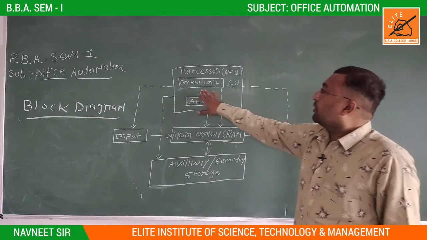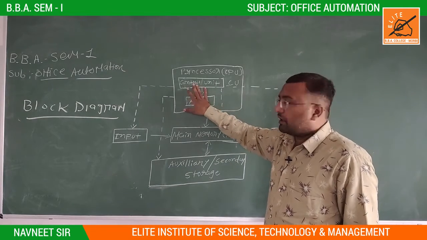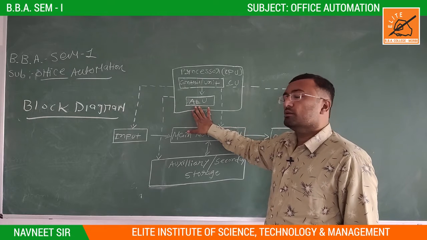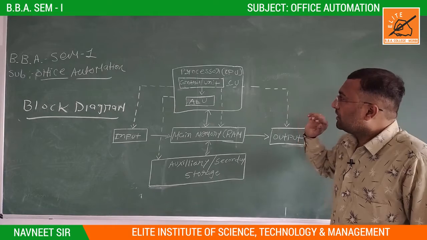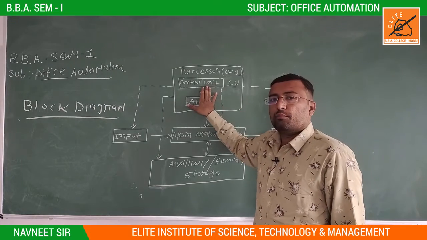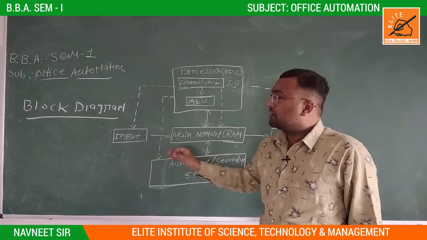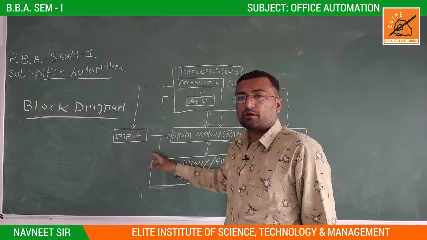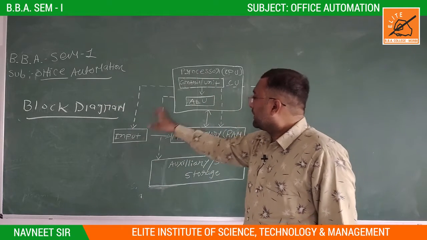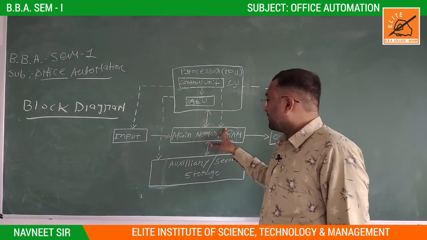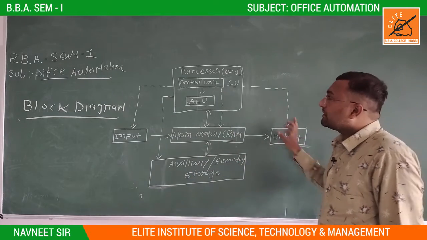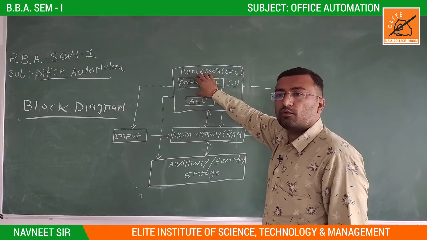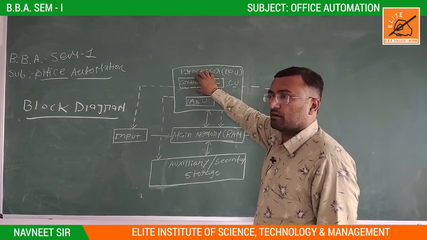Now we will see what the control unit does and what the ALU, the arithmetic and logical unit, does. The control unit provides control signals to all the other parts of the computer like input, main memory, auxiliary memory, and output devices. The control unit works as a controller.